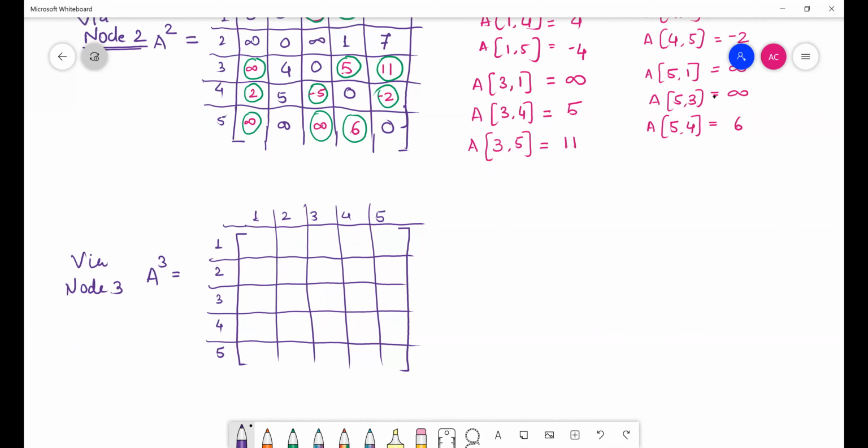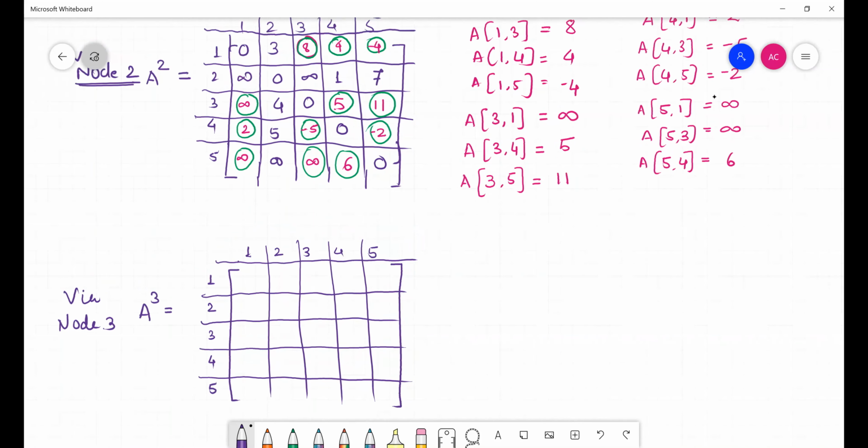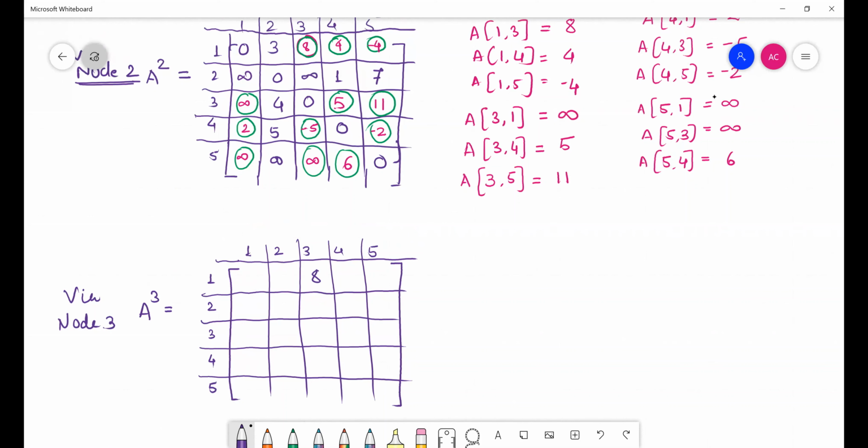Third row and third column. So third row is 8, infinite, 0, -5, infinite, and this is infinite, 4, 5, 11. Diagonals will remain as it is. So calculate the values fast.